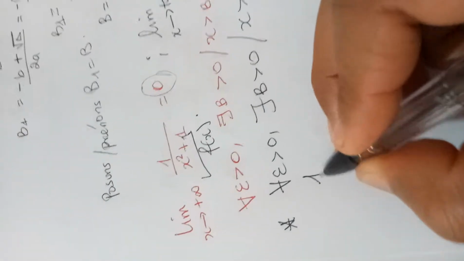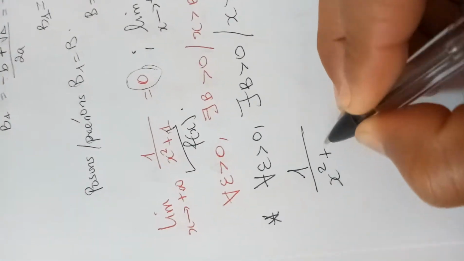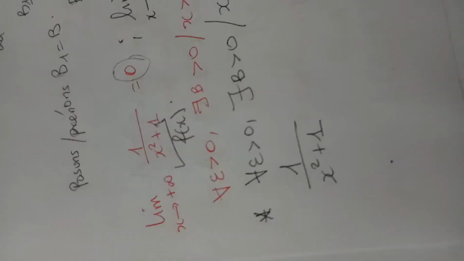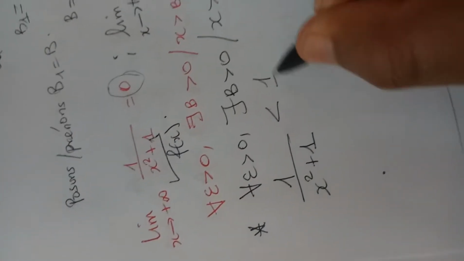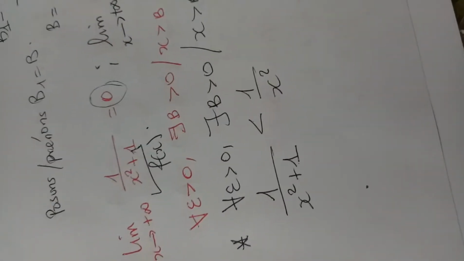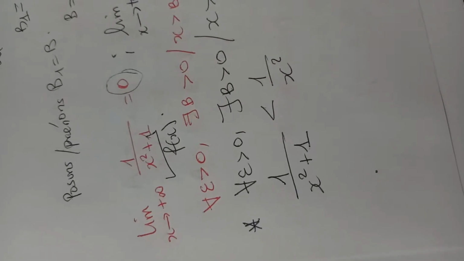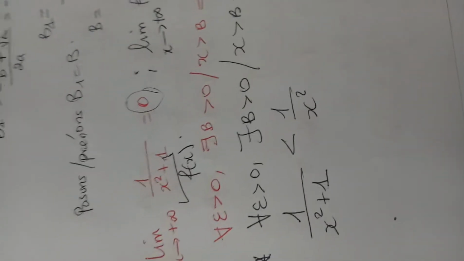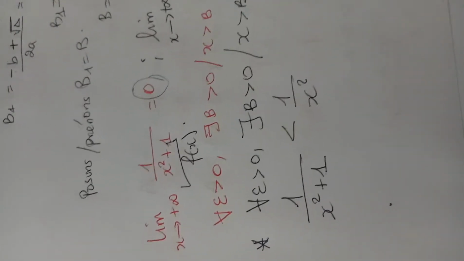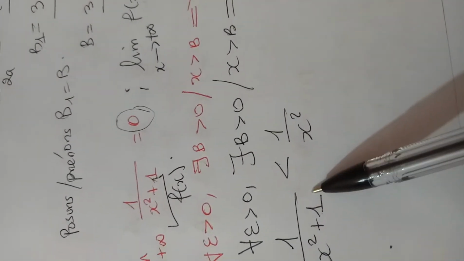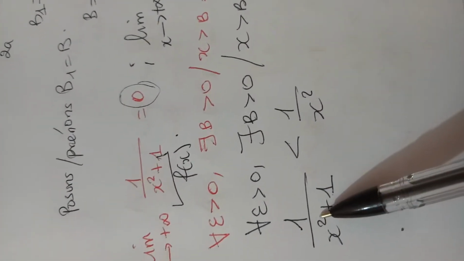We have that 1 over x squared plus 1. I know that 1 over x squared plus 1 is less than 1 over x squared, just like we've been doing. You pick a number that can either be greater than the previous one or less than the previous one. But in this case, it's better to pick a number that is less than the previous number.